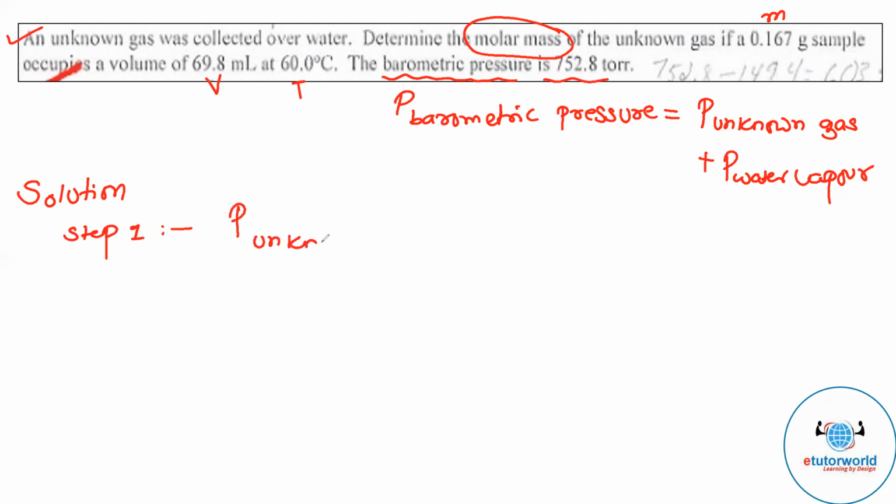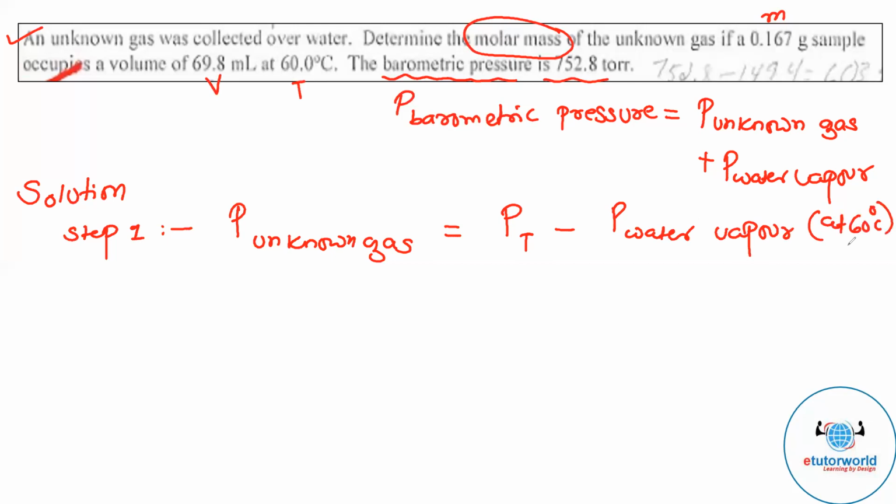How? The barometric pressure, that is P total, minus the water vapor pressure at 60 degrees Celsius. Aditi, this you will get from the data sheet. So this value will be given to you.